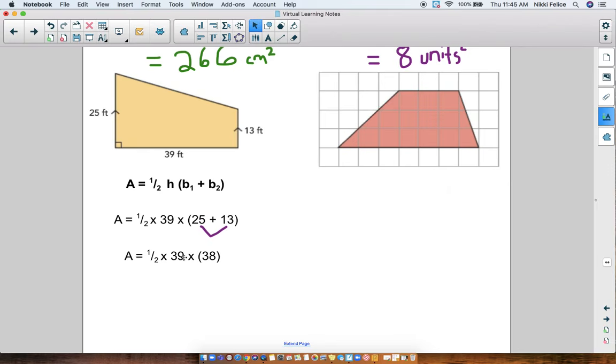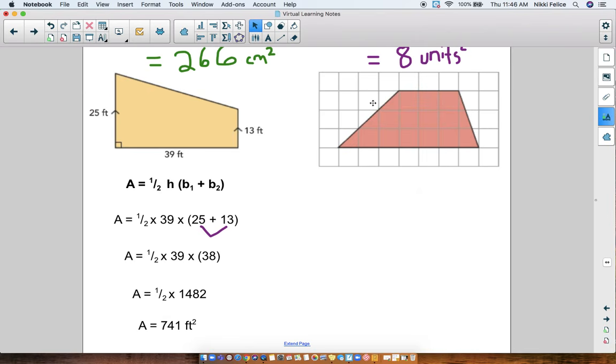So 1/2 times 39 times 38. Let's multiply 39 times 38 first. So that will equal 1/2 times 1,482. Now you have to multiply 1,482 times 1/2, and in the end you'll get the answer 741. So that's the area of this trapezoid. It's 741 feet squared.